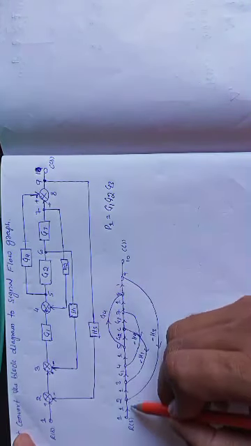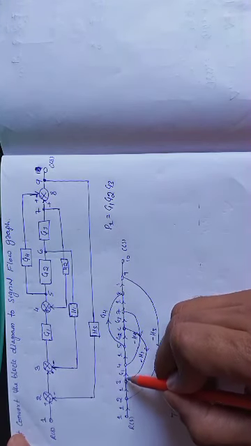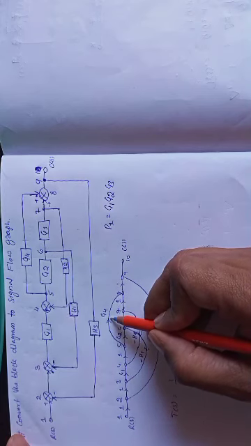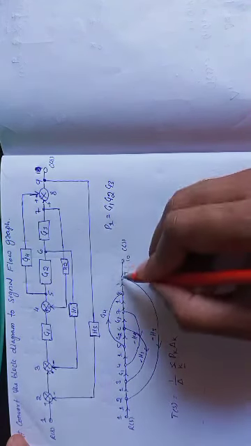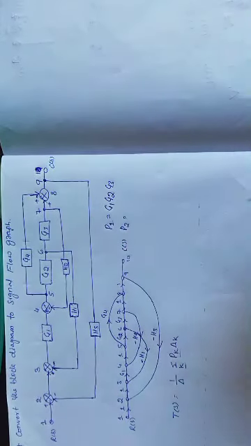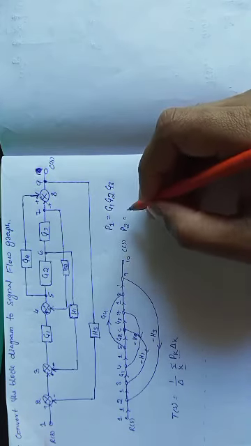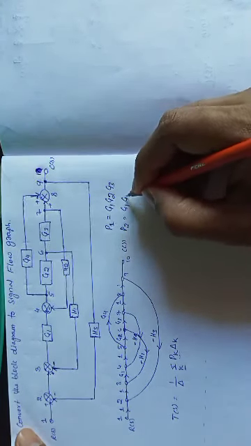The next forward path is this one, second forward path, that is nothing but G1 into G4, that is P2 equals G1 into G4.